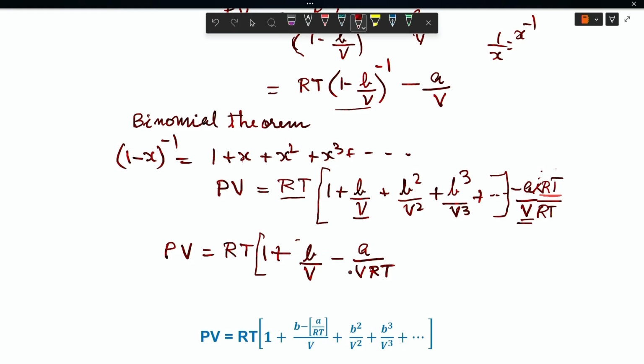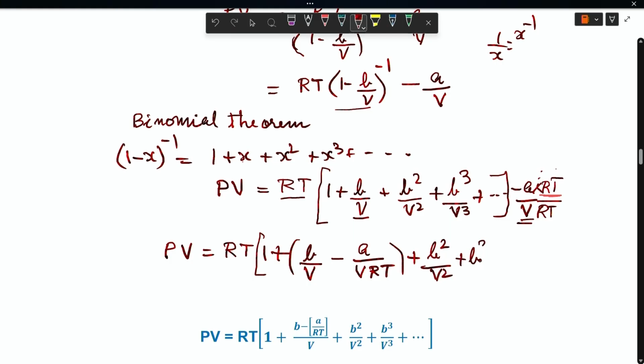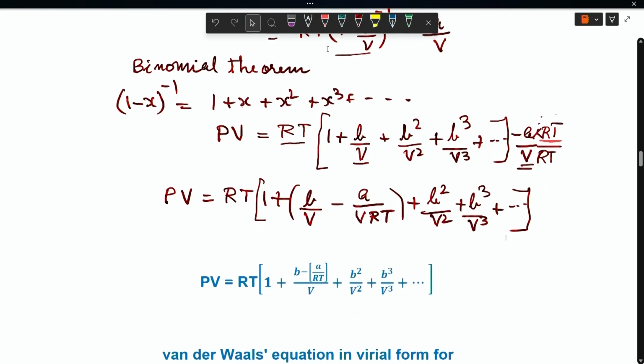So, this will be the term here, plus the rest of the terms as such, B square by V square plus B cube by V cube plus etc. So, the whole thing is within the bracket. Next, I am going to take this RT to the numerator and keep V as a common denominator.